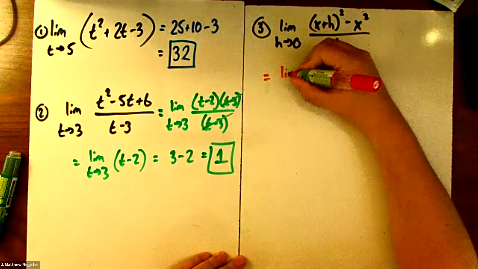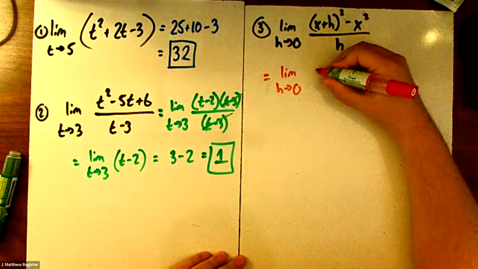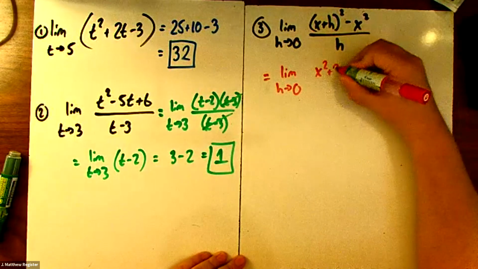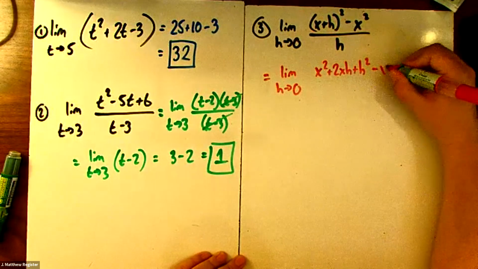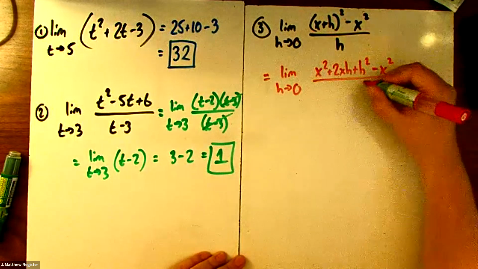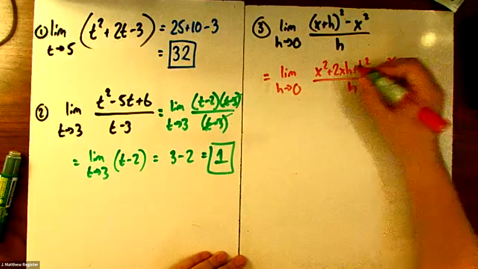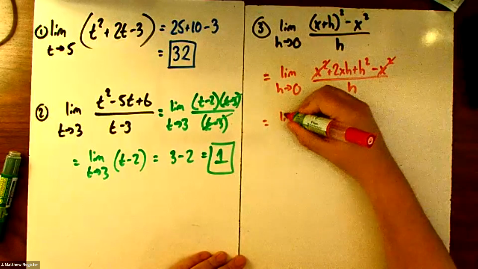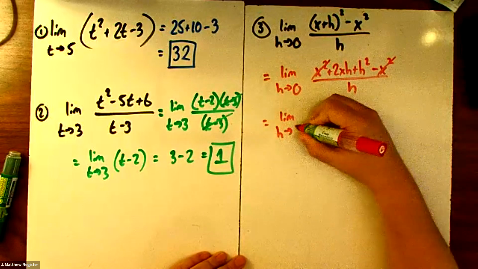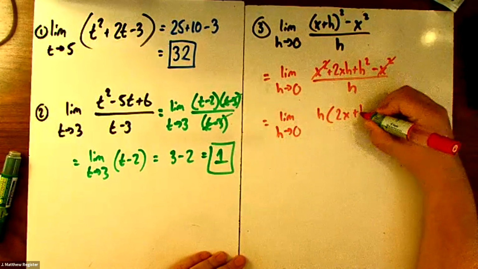We'll get the limit as h goes to 0 of x squared plus 2xh plus h squared minus x squared over h. We can cancel the x squareds, and then we can factor an h out, leaving a 2x plus h.